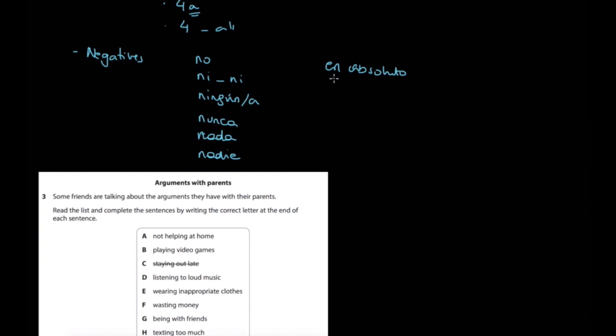Things like excepto, except, salvo, another way of saying except. So make sure that you are tuned into these and any other distractors like, quería hacer esto, pero hice lo otro.